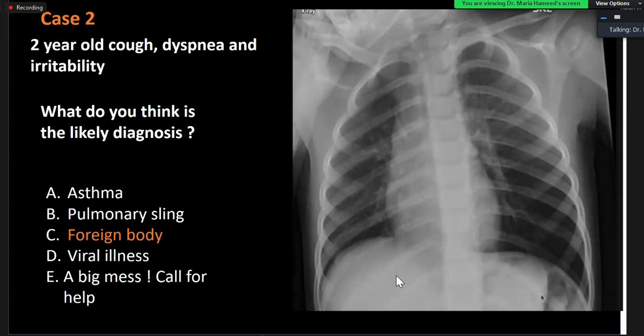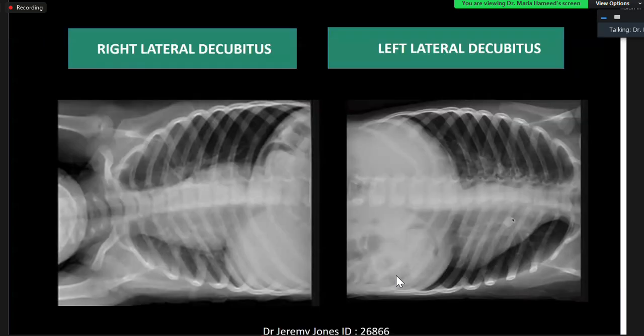We need to confirm it on the lateral decubitus view. So what's happening in the lateral decubitus view? Here, this is the right lateral decubitus view and this is the left. On the right side, this is the normal side where we are not going to see any foreign body, so there is passive recoil of the lung. All the air goes out when the patient is lying down on the right side.